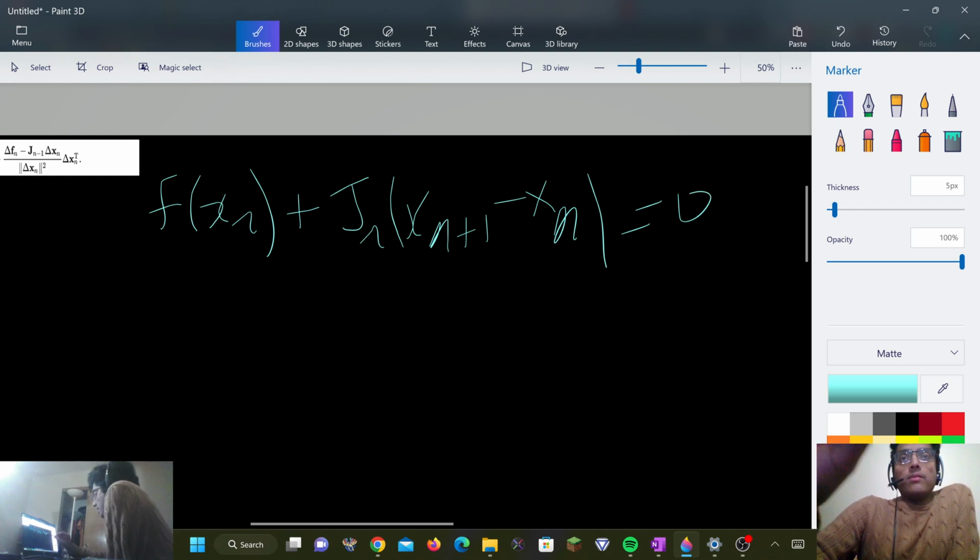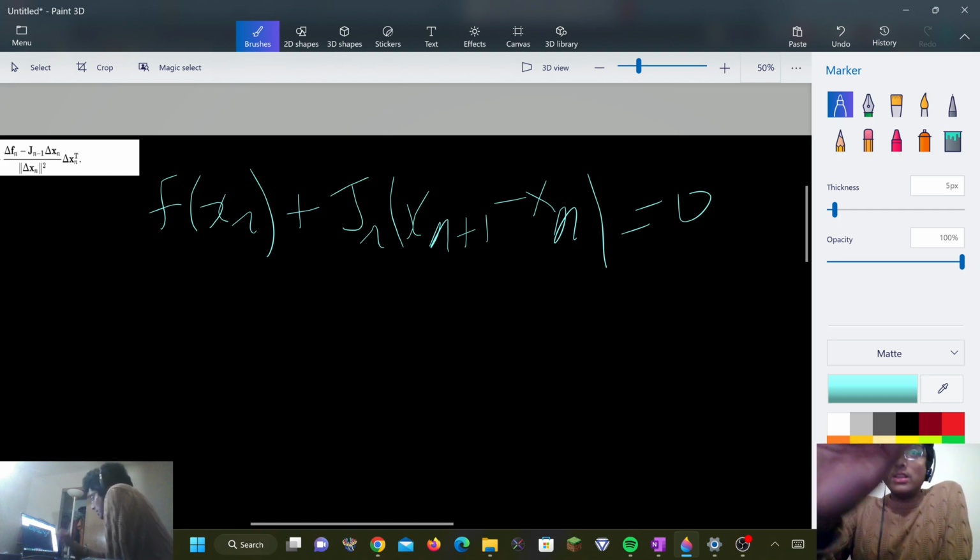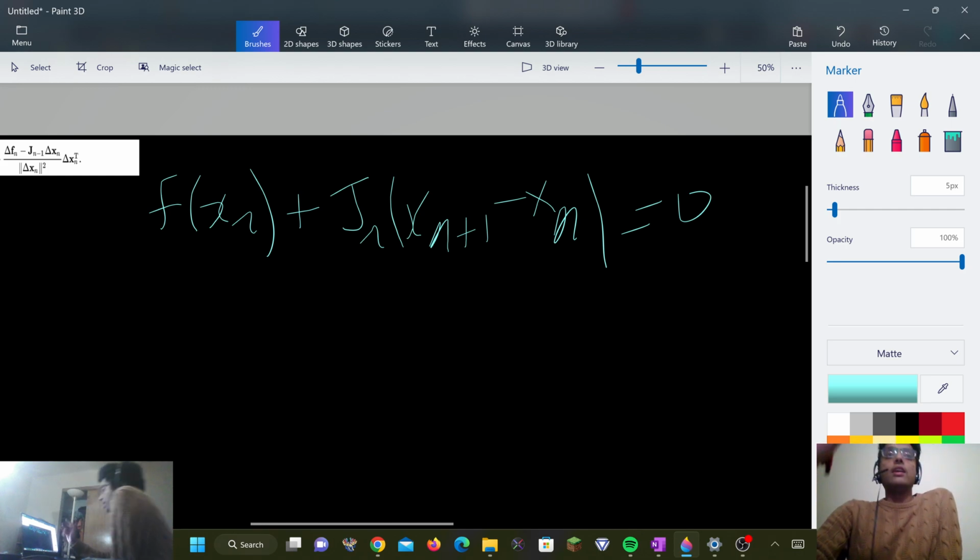Basically this happens because in theory, once you hit 0, x of n plus 1 should just be the same. It shouldn't keep going.